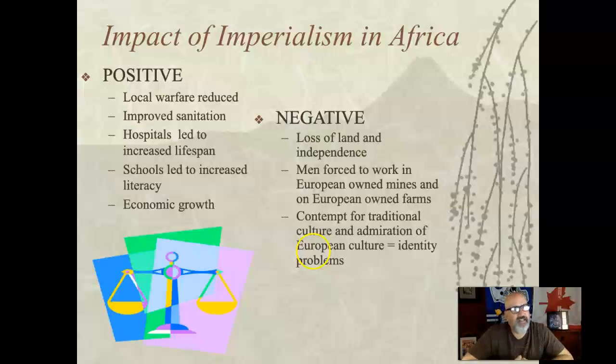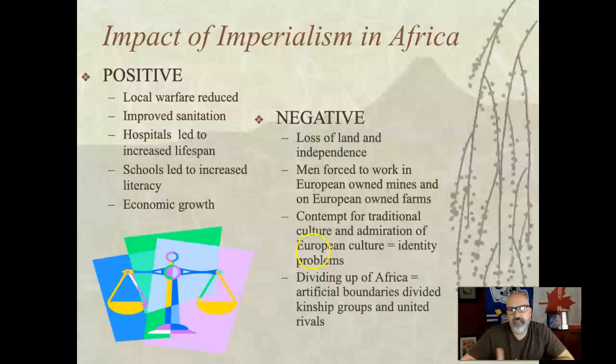So the best thing you can take out of this experience is to be like us. And maybe someday in future generations, you'll conquer somebody. And so European culture is placed on top of African culture. And then again, to a greater or lesser extent, African peoples are forced to abandon their culture or continue it in secret. In some places, African culture lives alongside European culture, but essentially there are a lot of identity problems that are going to come in Europe and in the time of decolonialization in the 1950s and 60s.